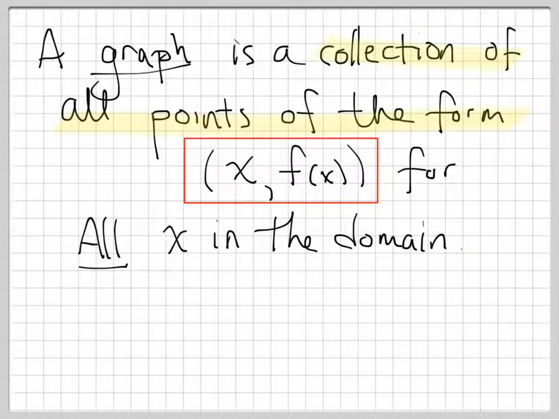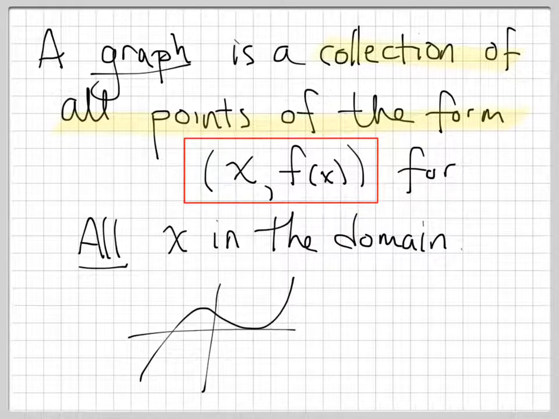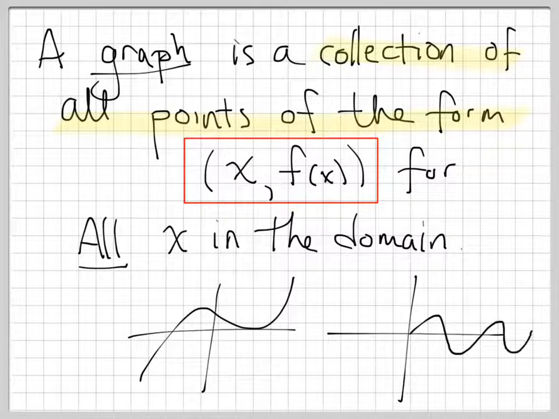So a graph is a collection of all points of the form x, f of x, for all x in the domain, right? So you think of a graph and you think of some sort of a drawing. There's a graph, and maybe since we're now doing trig, there's a graph, right?